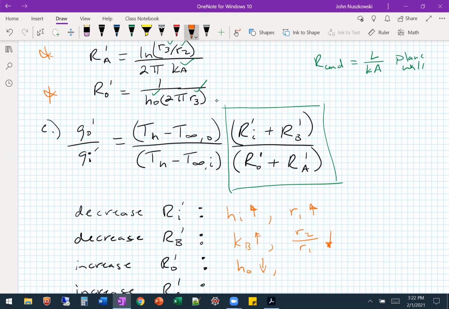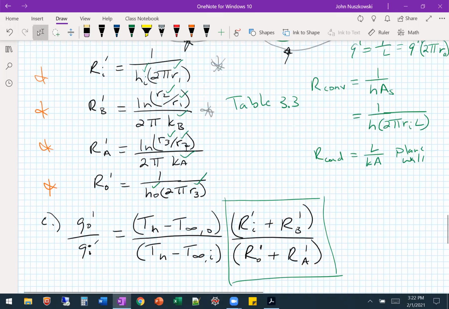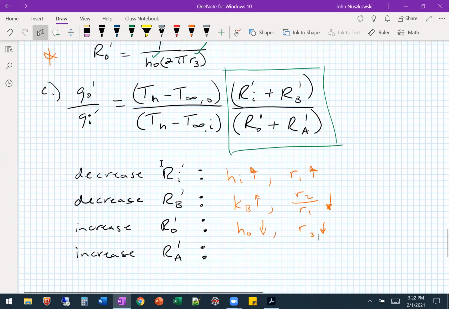So we want to decrease that, or we said decrease R3. Then there's RA, which is the same. So now we were increasing this resistance, right? So we do the opposite of what we were doing with RB, right?